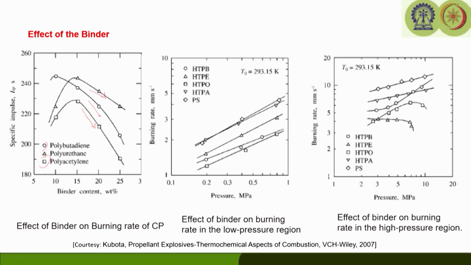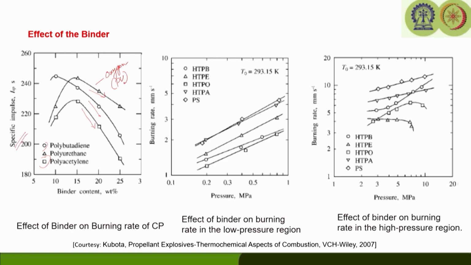Polyurethane has some positive effect because it contains some oxygen in the molecule, that is probably going to increase the burn rate, and eventually provide the higher specific impulse value.